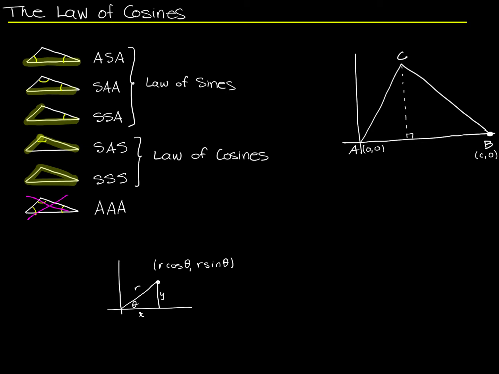The coordinates of this point right here are r cosine theta, r sine theta, but our r and our theta are different in this diagram than they were on the previous one. Our r is this length right here, and that's the side opposite angle B, so we'll call that side b, and we'll relabel these b cosine theta and b sine theta.